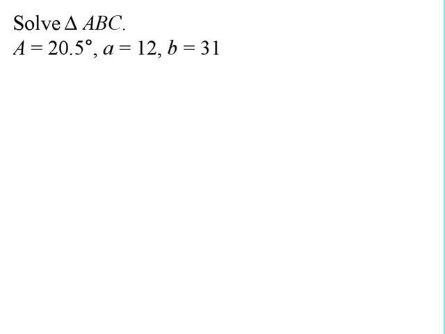Let's look at this first example, which says to solve triangle ABC. They give us that angle A is 20.5 degrees, side A is 12, and side B is 31. The first thing I'm going to do is draw a triangle.